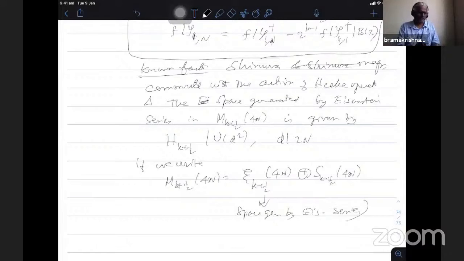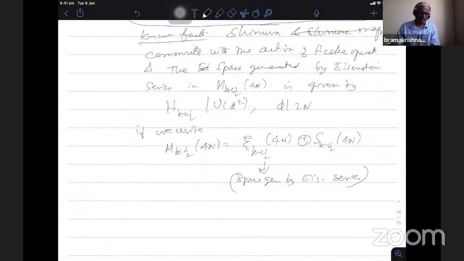When you write it like that, we have E_{k+1/2}^plus of 4n is nothing but the direct sum of H_{k+1/2}^plus bar U of d squared of z, where d divides 2n. So this is the fact.